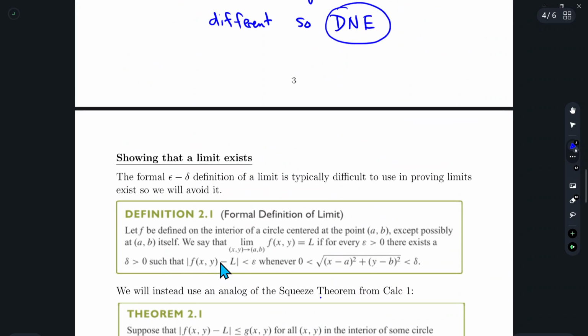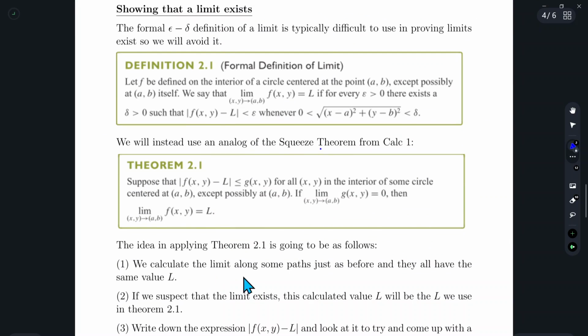So we try to calculate some paths to give us some insight into the value of the limit, and if the limit is going to exist, all the paths should have the same value L. We take that value L, and that value L is exactly the L that's used in theorem 2.1.